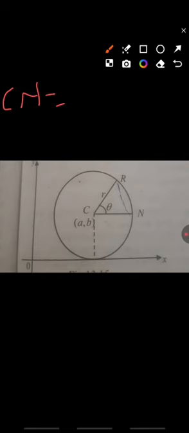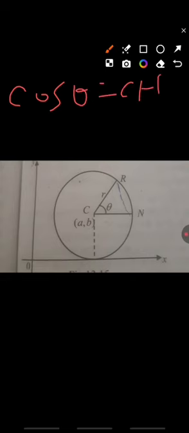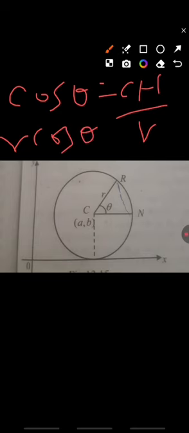So cos theta, that's the angle under consideration, is equal to CN over r. Therefore, our CN will be equal to r cos theta.